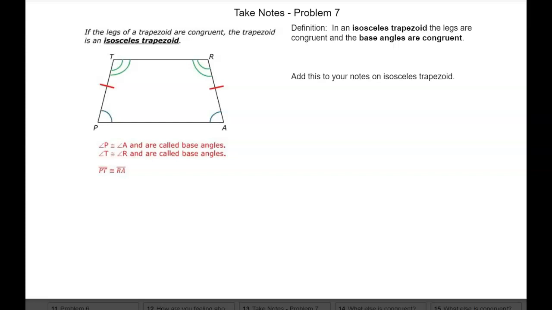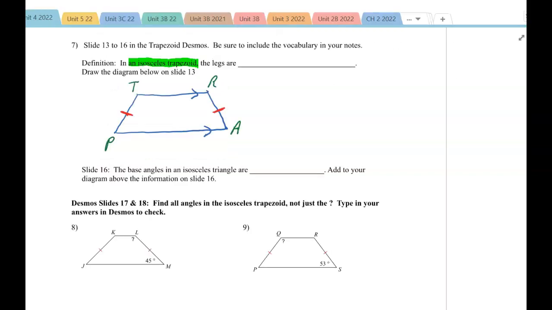I'm going to write this down in our notes. Going back to our notes, we know that the legs are congruent. If I label this trapezoid TRAP, we know that angle P and angle A are congruent. We also know that angle T and angle R are congruent.